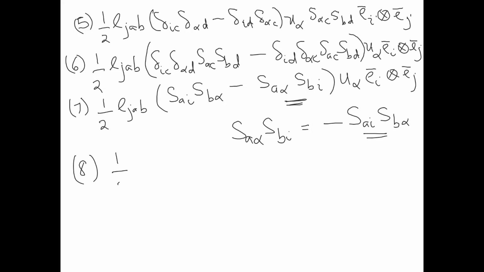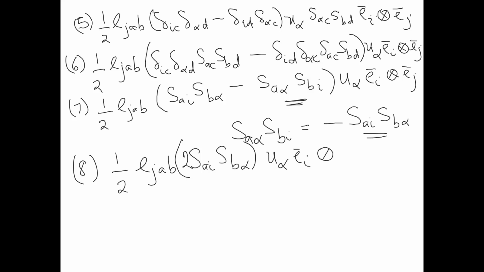My step 8 becomes half AB SAISB alpha minus SAISB alpha, and that gives us 2 SAISB alpha U alpha EI EJ.